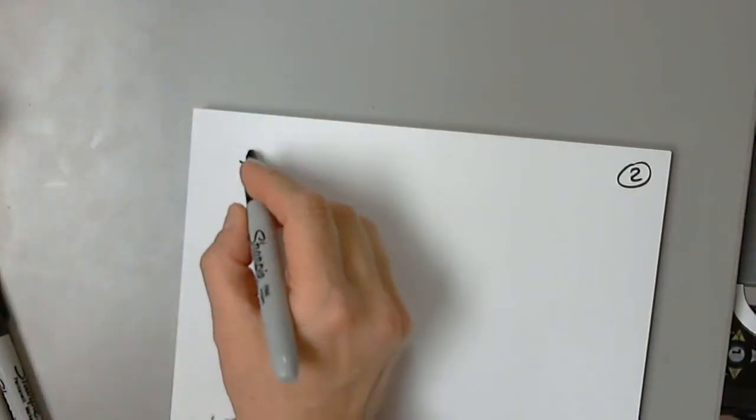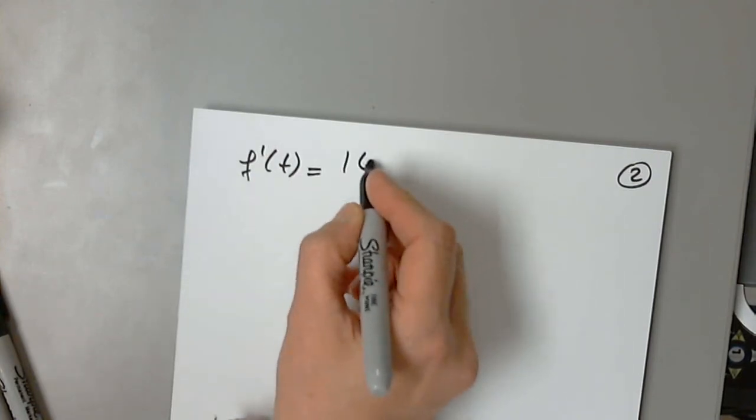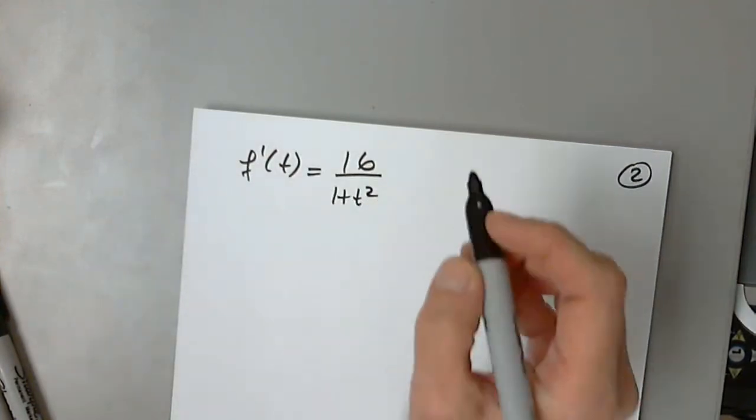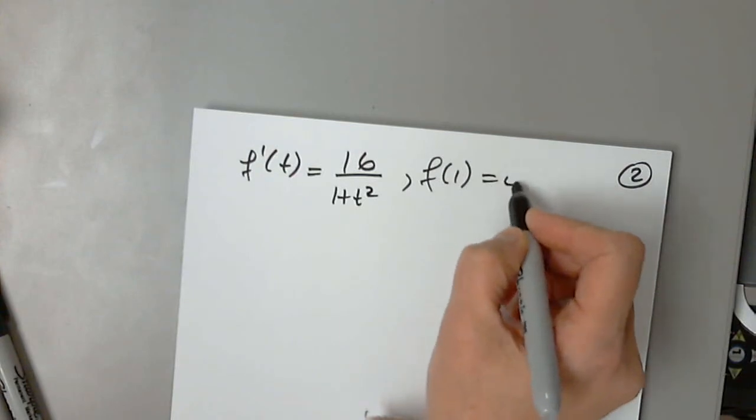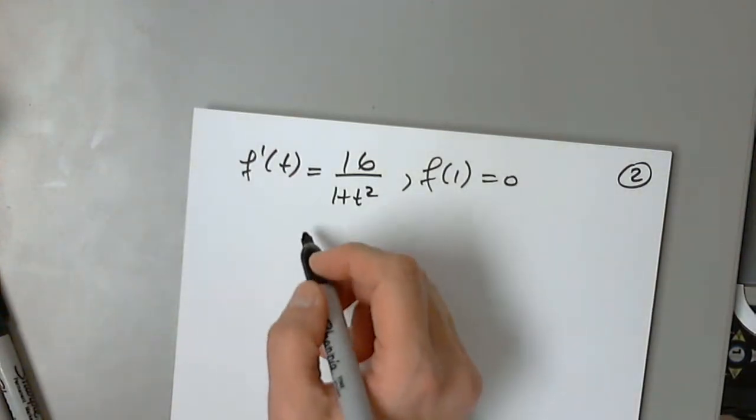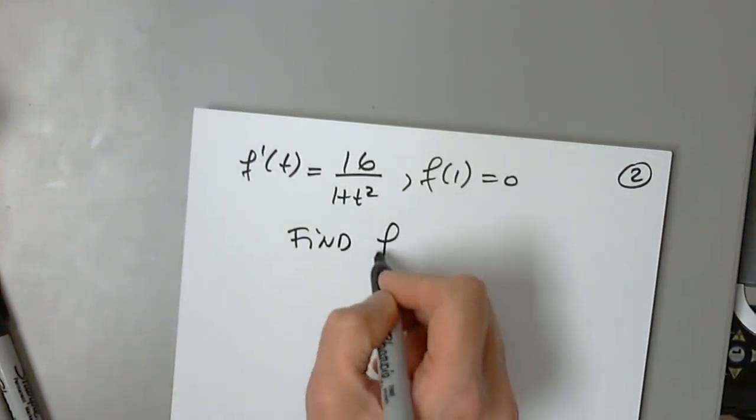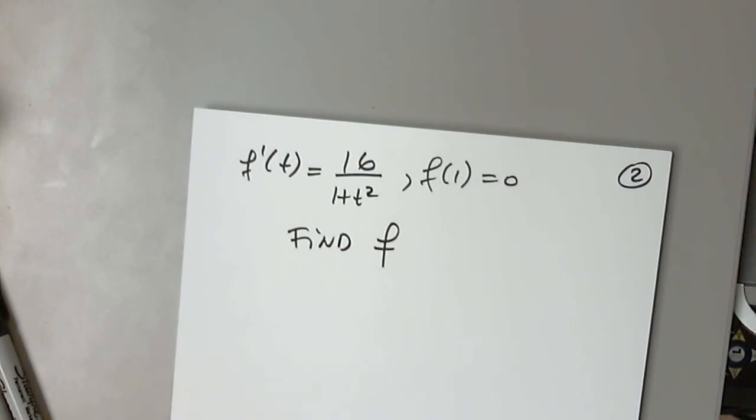Now we are given f prime of t, which is 16 over 1 plus t squared. We are told that f of 1 is 0, and we're asked to find f. So we want to determine function f given the information we have. Since this comes from 5.1, maybe we should not use integration.